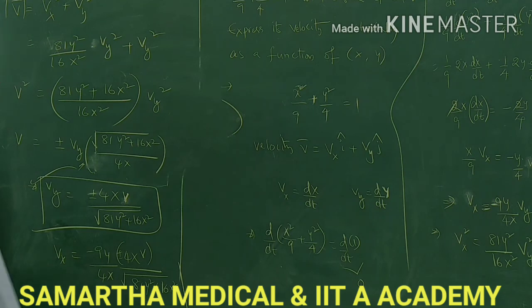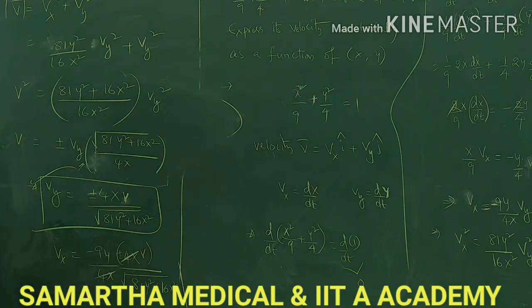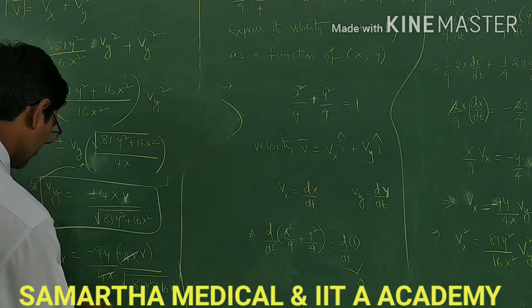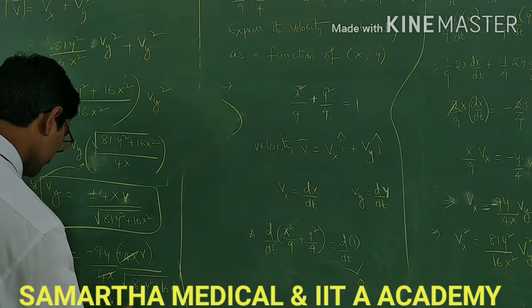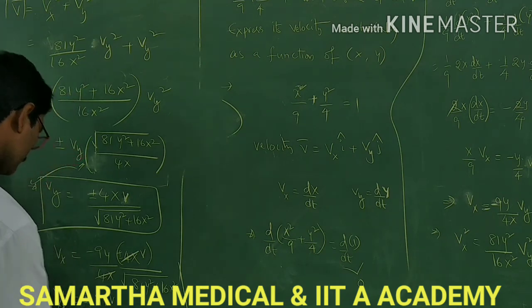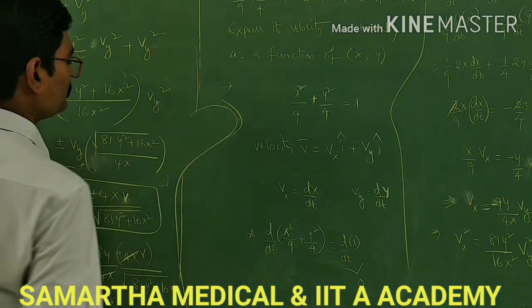Then 4x cancels, so vx equals plus or minus 9yv by the root. Now v bar can be written like this.